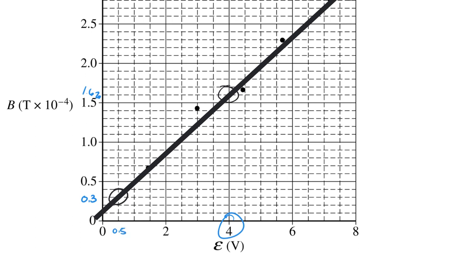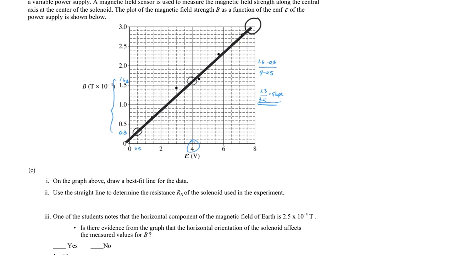Okay, so I'll get my slope. 1.6 minus 0.3 and 4 minus 0.5 gives me 1.3 over 3.5. All right, let's see how we're going to use that.